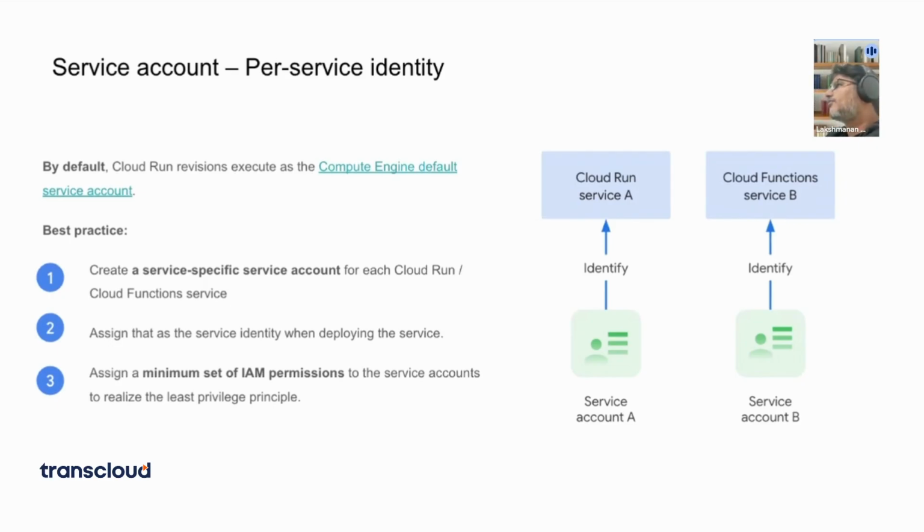For example, one would need write access to your storage bucket, and another will need only read access to the storage bucket. So service account 1 has write access and service account 2 has read access. If you set it to the minimum, a lot of unwanted consequences, like the reader actually writing, will be avoided if you follow the principle of least privilege.